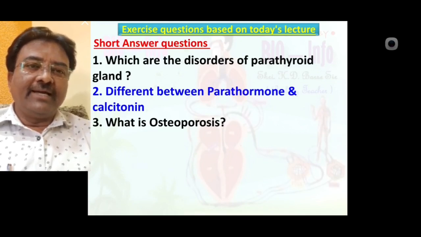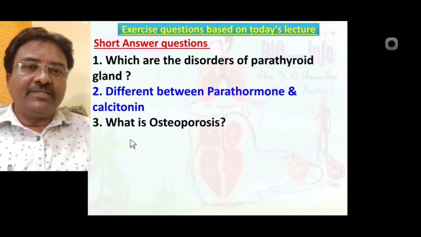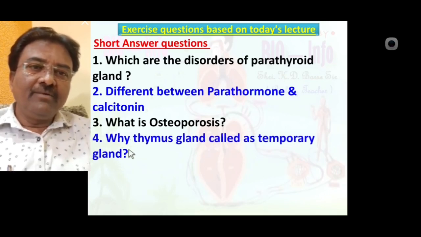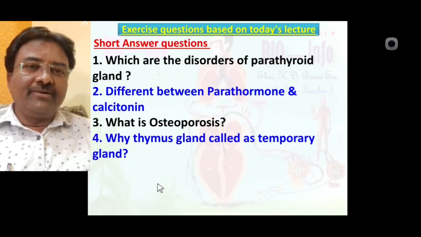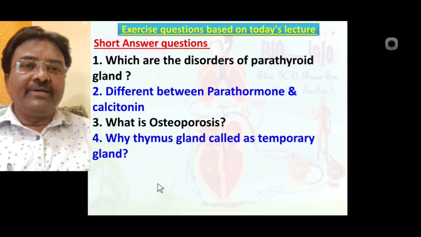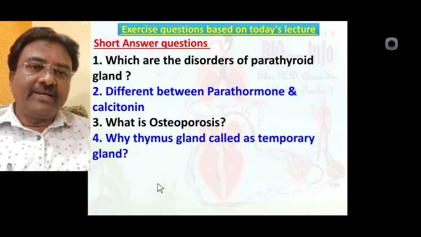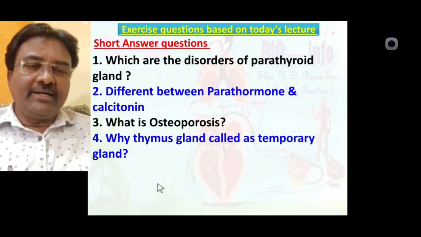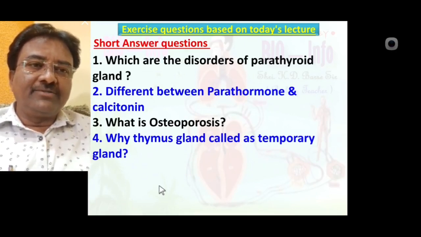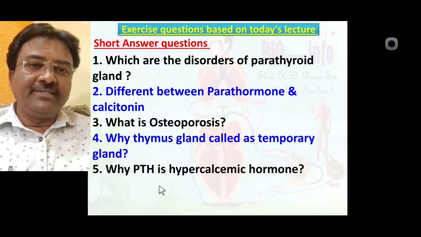Why is the thymus gland called a temporary gland? Because it is prominently seen at the time of birth but gradually atrophies in the adult. So the thymus gland is a temporary gland.